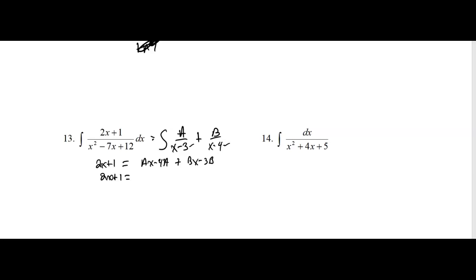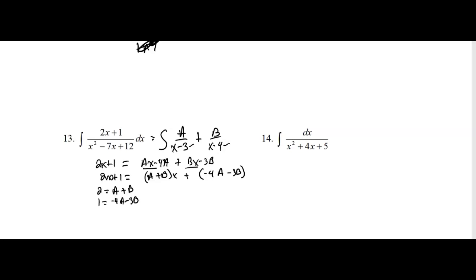We would group them. So here's our variable terms. We would have the a plus b added together. That sum is the coefficient of x. And then the non-variable terms, negative 4a minus 3b, must be our constants. 2 would equal a plus b. And then the 1 would have to equal the negative 4a minus 3b.